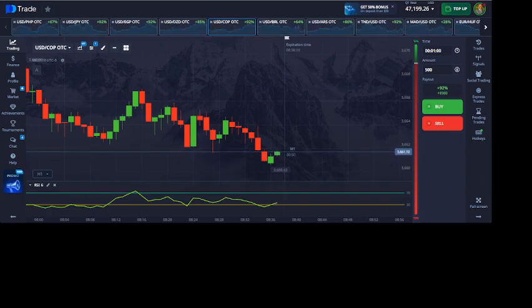Okay, so I'm on the USD COP OTC pair here, and I'm waiting. Okay, so the RSI line crossed below the 30 line, and now it's pushing back above the 30 line, but I'm going to wait till this candle closes and make sure that the RSI closes above the 30 line before I take the trade.